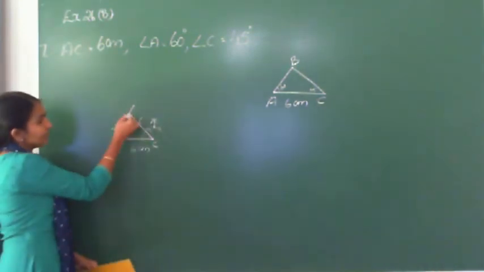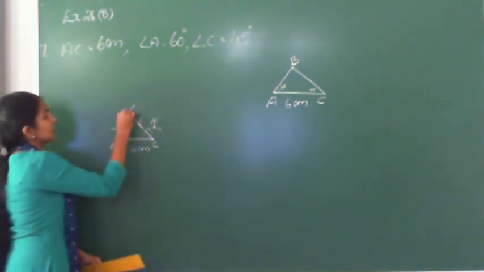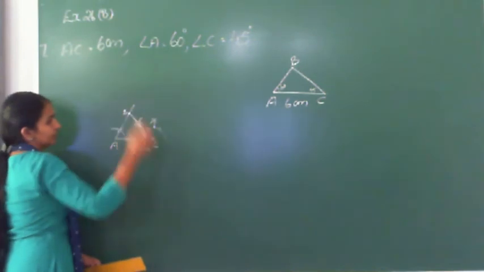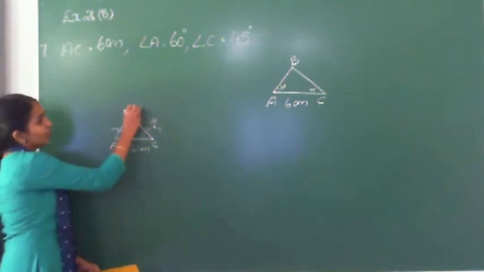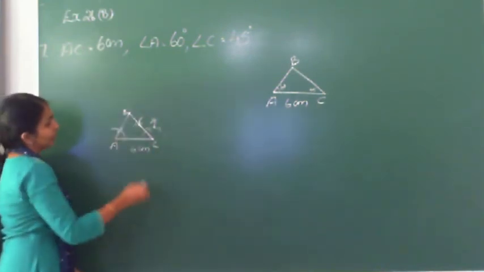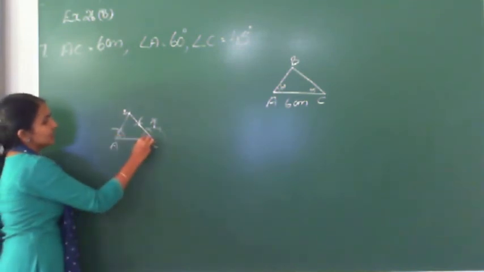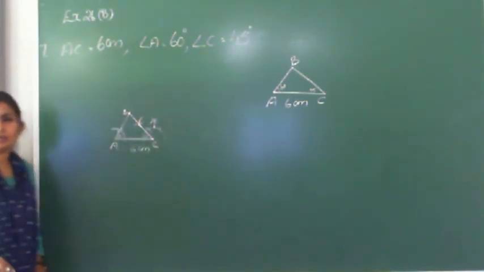See, we extended and we got this point. This point is called as B. So if you want, you can make the rest dotted or you can rub it. Here we can stop. So this one is 60 degree and this one is 45 degree.